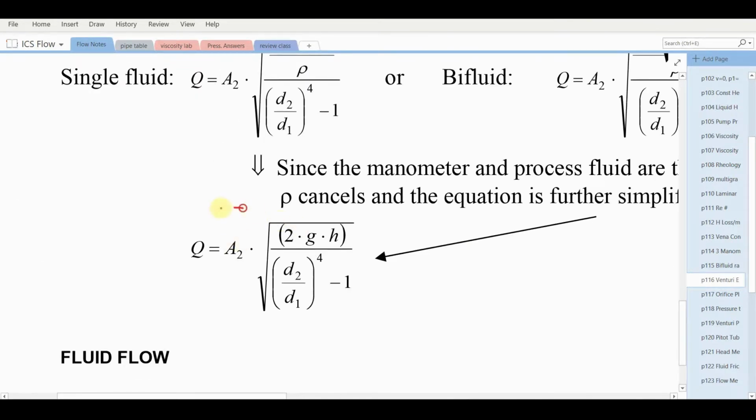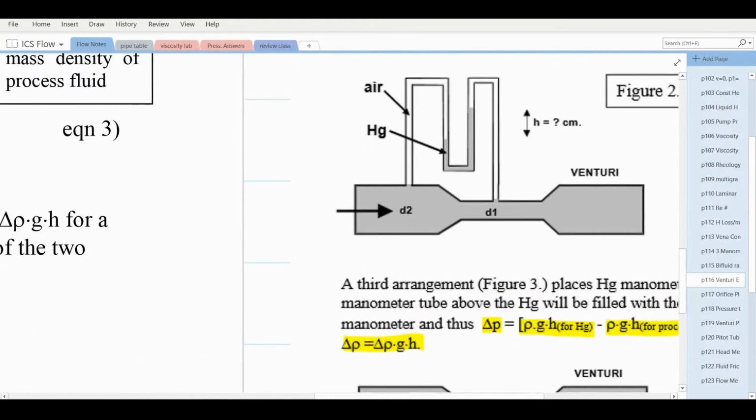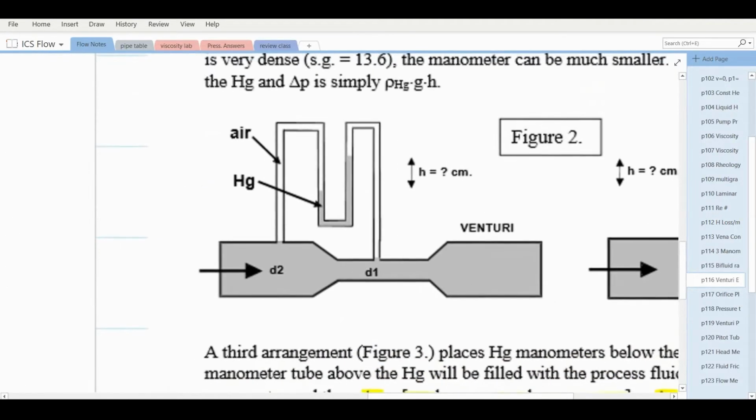This equation for flow rate works quite well, reasonably accurate for Venturis, where the streamlined nature of the constriction allows for little, if any, permanent pressure drop. So the pressure drop that occurs in the throat is pretty much recovered when it moves into the wider section of pipe.